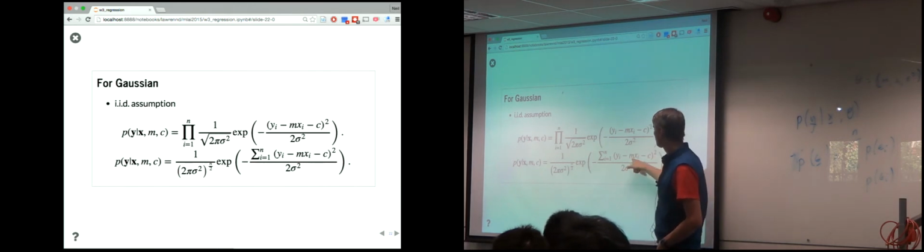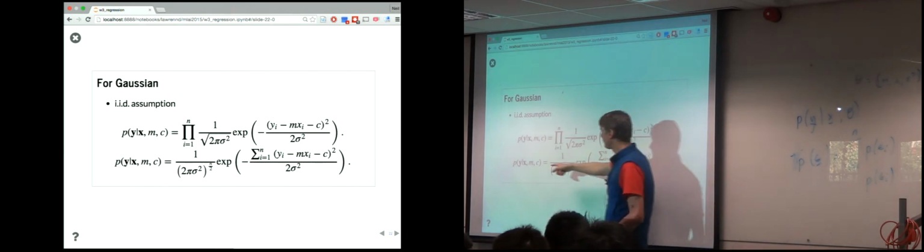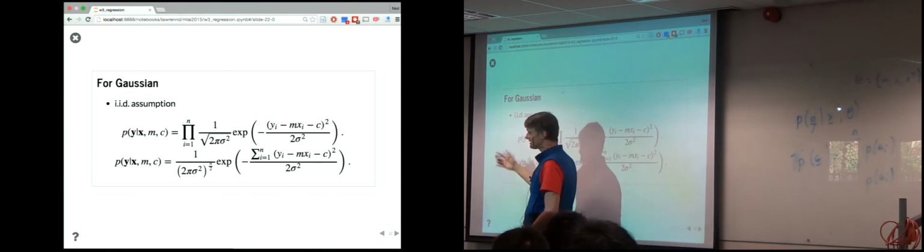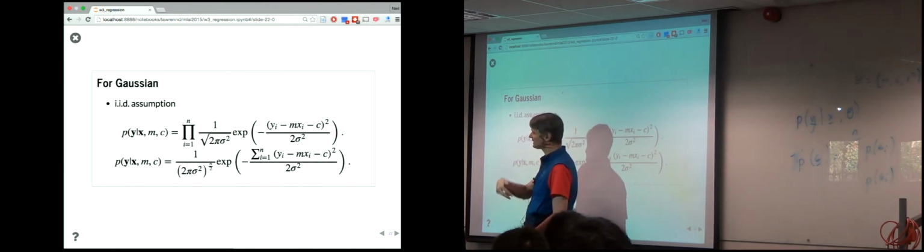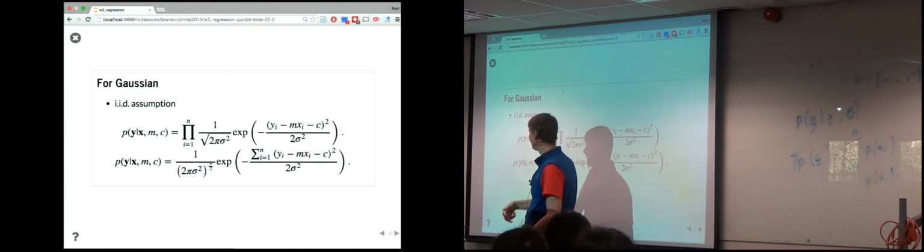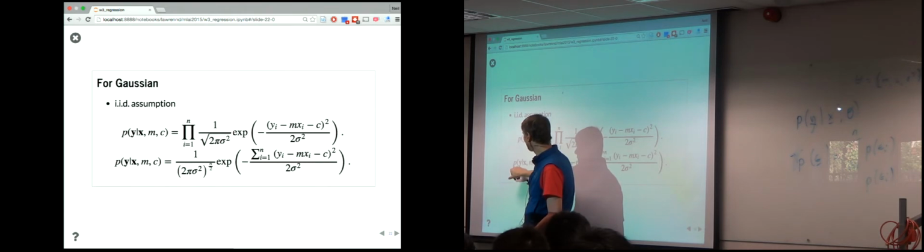You can look at this function and see the probability of y, which is the data. X is a bit weird. It's conditioned on x. So I think it is data, but I don't think of it so much as data. The reason it's a likelihood function is because it's a function of m and c. It's a density over y, and it's a function of m and c.